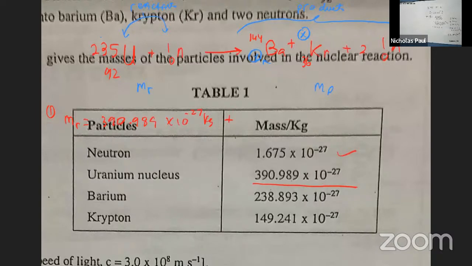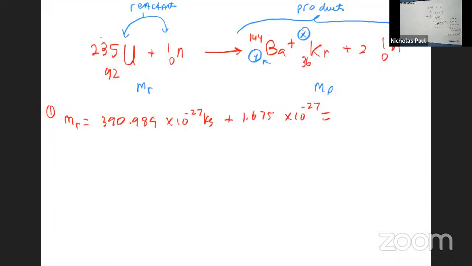A neutron is 1.675 by 10 to the minus 27. How much is that? That's 3.9 by 10 to the minus 25 kilograms, right? So that's the mass of the reactants. Are you okay with that?